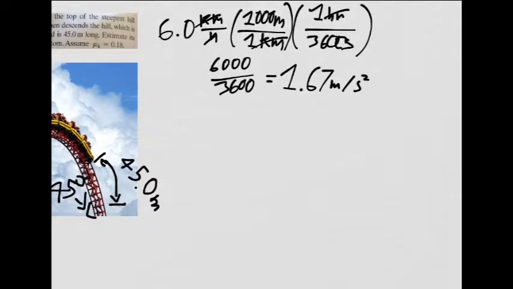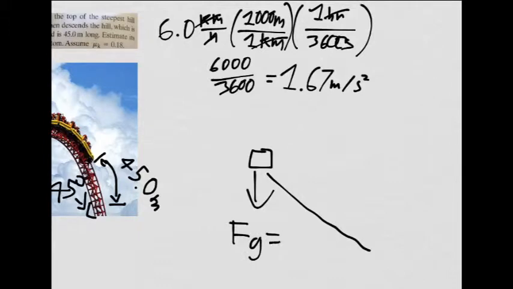Okay, now we draw the free body diagram. This will be the roller coaster. This will be the angle. Let's see, the force acting on it is the force of gravity, which is mg.